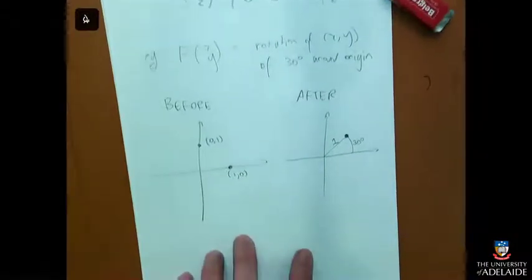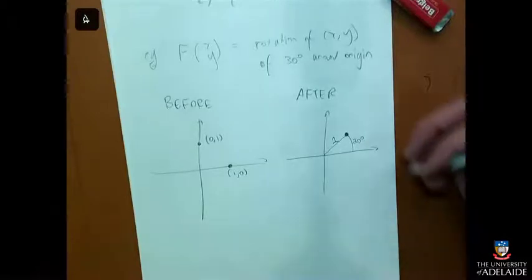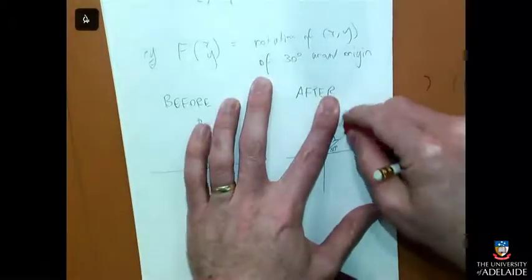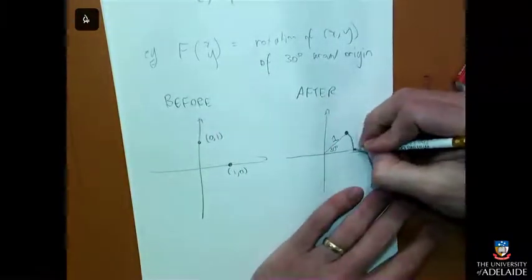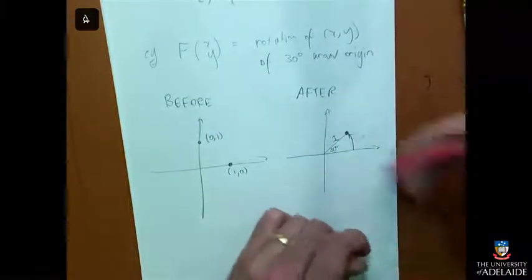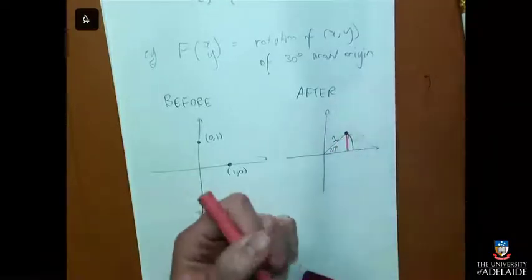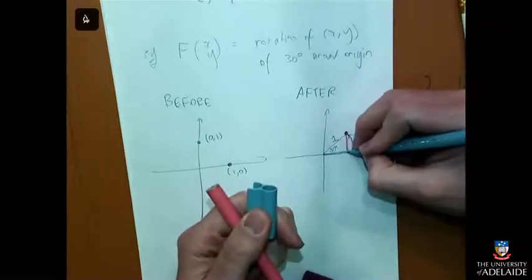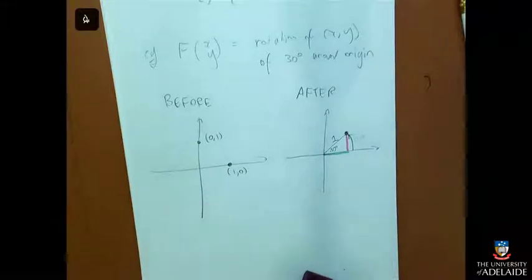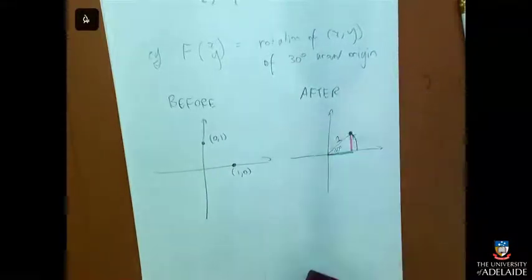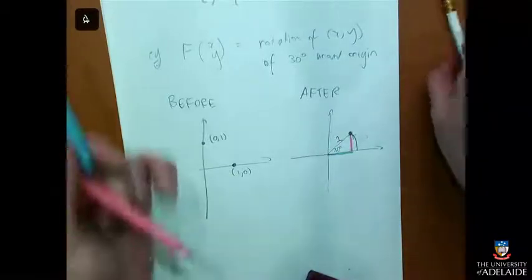Well, that's good because I can figure out that if this angle here is 30 degrees, then this height is sine 30 and this length is cos 30, and they are the coordinates of my vector. It lines up with cos 30 on the x-axis and sine 30 on the y-axis.